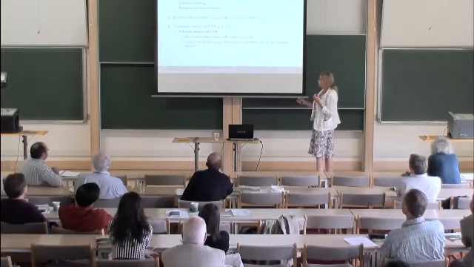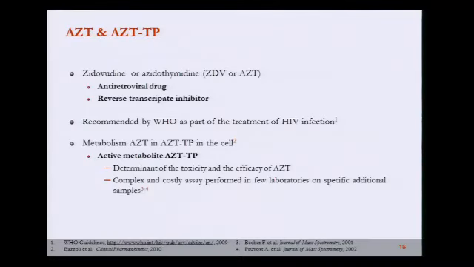However, to measure the concentration of this drug is very costly and complex because it's an intracellular concentration, much more complex than the plasma concentration of AZT. So you have to do it in several specific laboratories, and you need specific additional samples beyond the plasma samples.